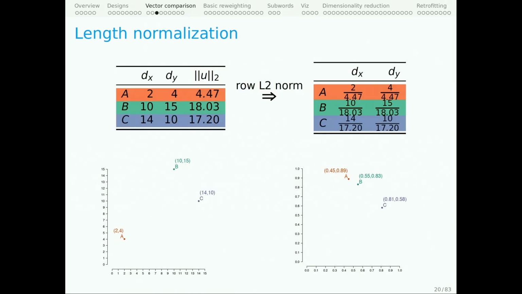They're all sitting in this unit sphere now. And now A and B are really close together, and B and C are far apart, because what I've done with this L2 norm is abstract away from a lot of the information about the overall magnitude. That has pulled A and B together, and what we're seeing is much more like their proportional comparison.